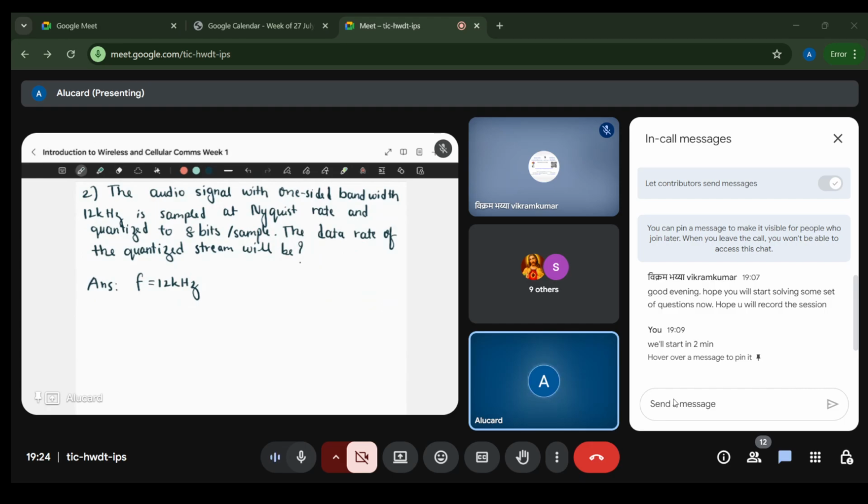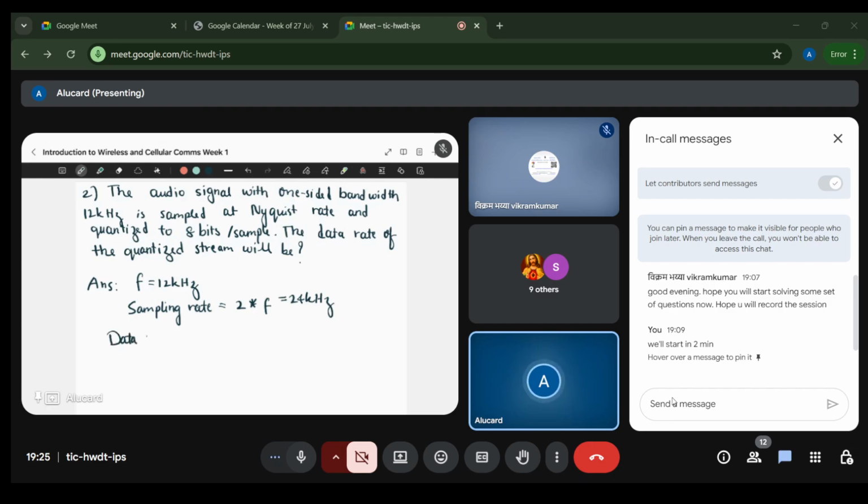So the sampling rate, or the Nyquist rate, it's sampled at Nyquist rate, which is 2 times the frequency. It's 2 into 12, 24 kilohertz, and then you quantize it to 8 bits per sample.